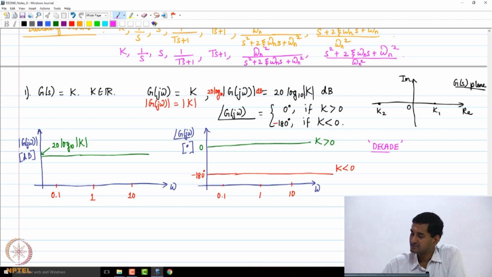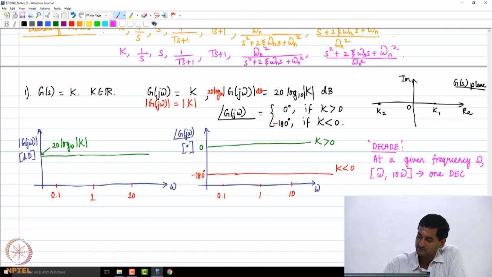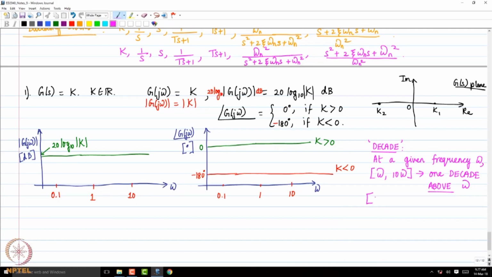So, what is a decade? At a given frequency omega, the range omega to 10 omega is 1 decade above omega. Similarly, the range 0.1 omega to omega is called 1 decade below omega.